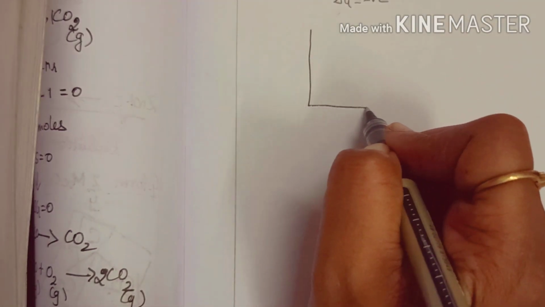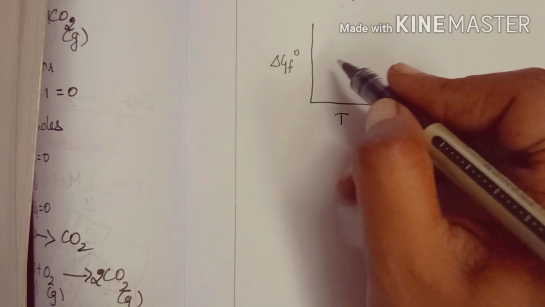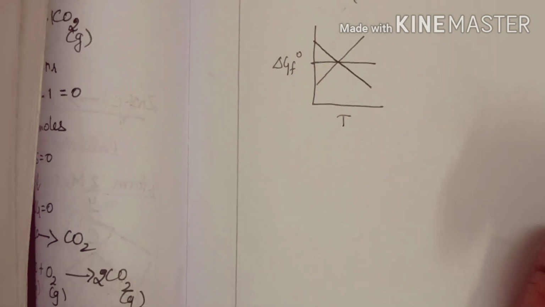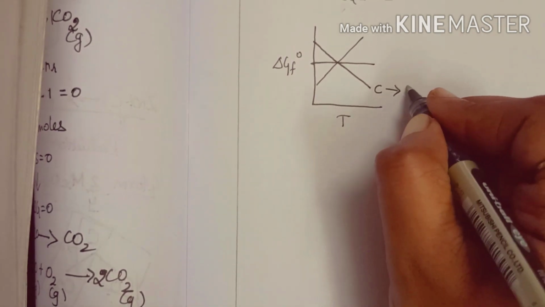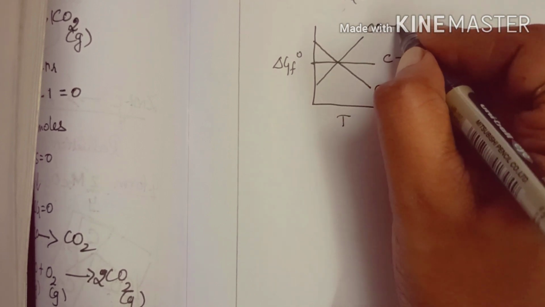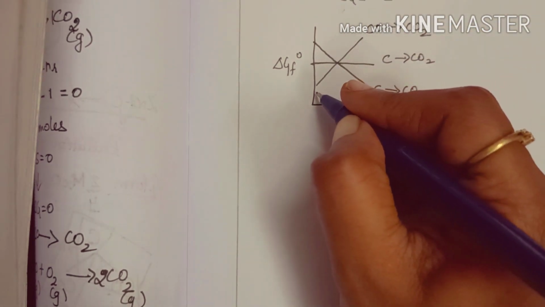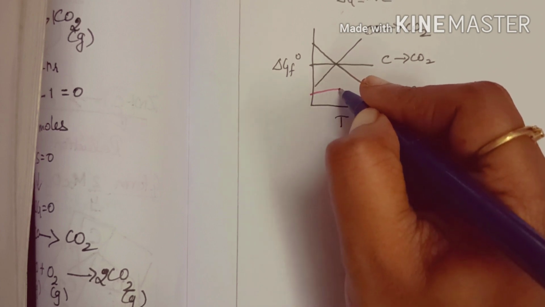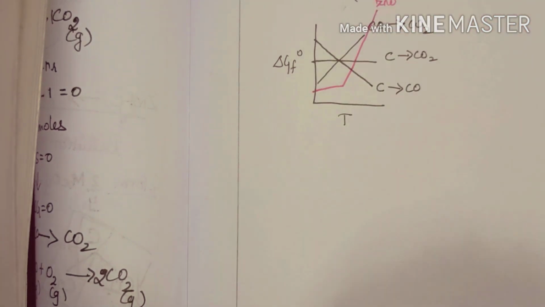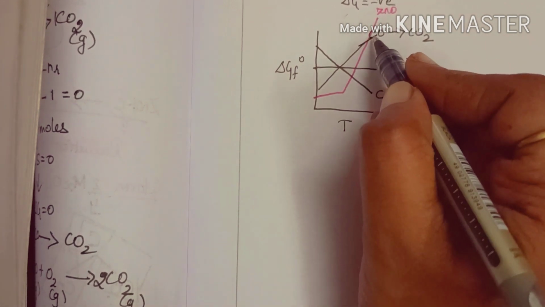So here is a plot of delta G f0 versus temperature, and there are 3 reducing agents which I discussed before. The one is carbon to carbon monoxide, the other is carbon to carbon dioxide, the other one is carbon monoxide to carbon dioxide. Now I am taking a metal oxide and its plot is like this, ZnO.